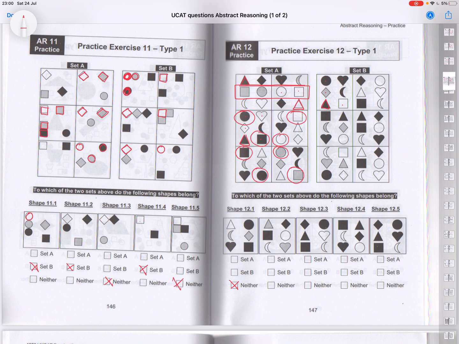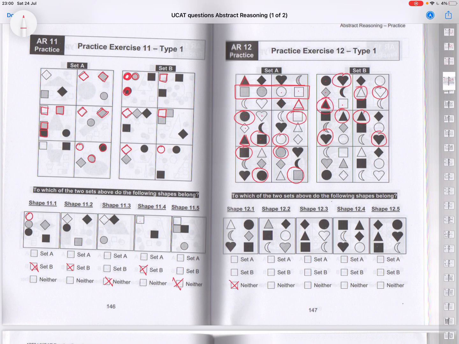But there is a relationship where they are always different. So the triangle, let me see. Now hang on a minute, they are all the same, look. They are.